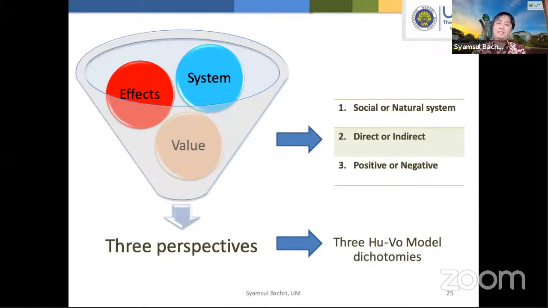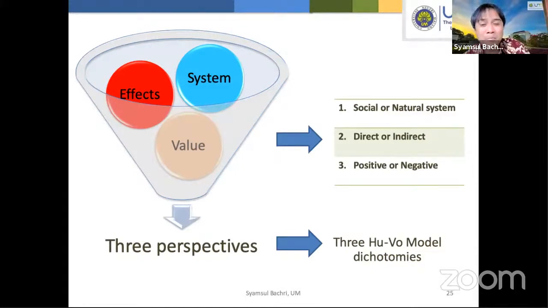The second one is about the effect. When you say that eruptions have a bad effect, it means you said it in the direct version. But if you say it in the indirect version, you can say that the eruption gives fertile soil.